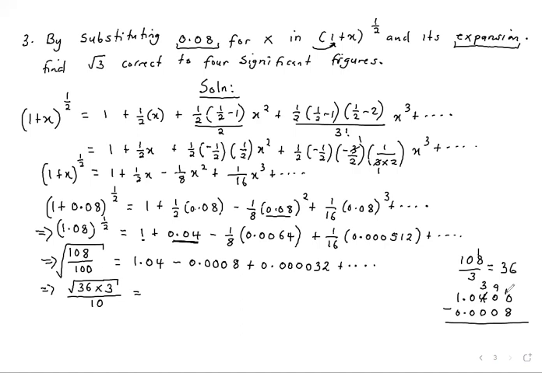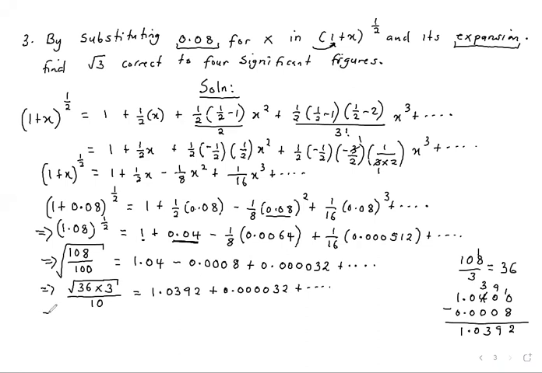Take the other 0. So 10 minus 8, we get 2. And then 9 minus 0, 3 minus 0, then 0.1. So now we have gotten 1.0392 plus 0.000032.